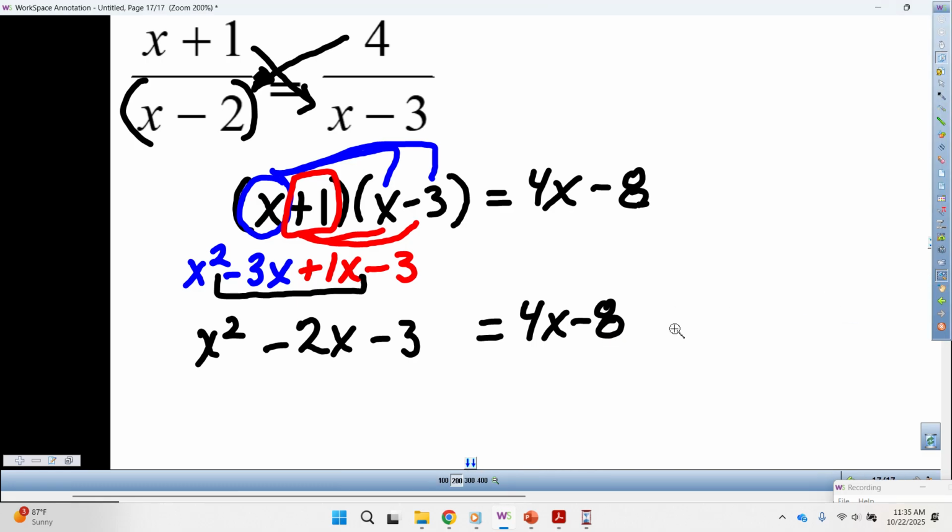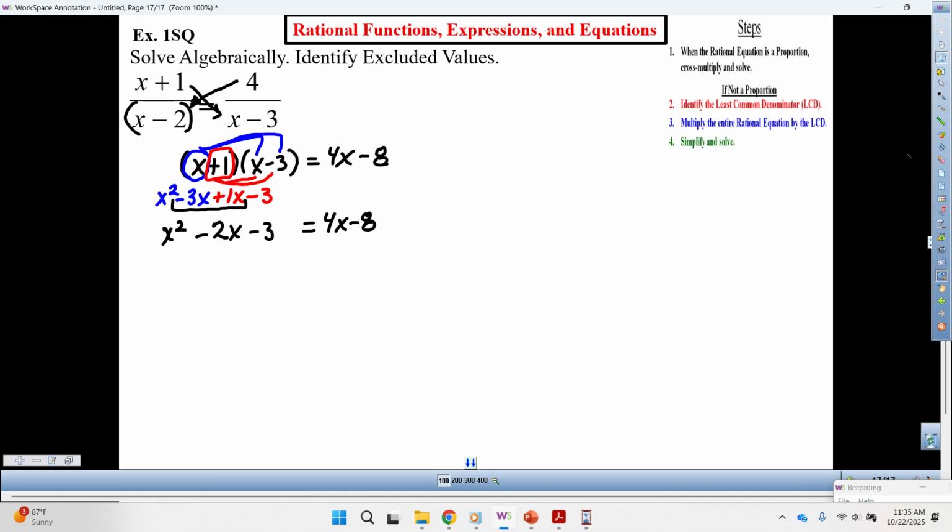All right, I'm going to zoom out. Next, to solve this quadratic equation, I need it to be equal to 0. So I need to get rid of the 4x and the minus 8. So I need to subtract 4x and add 8 to each side. Subtract 4x and add 8 to each side.